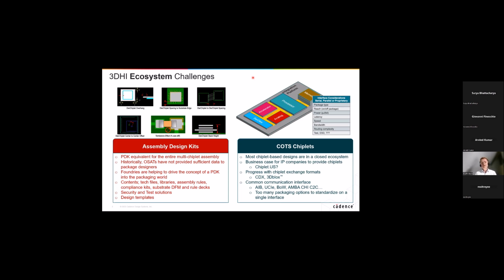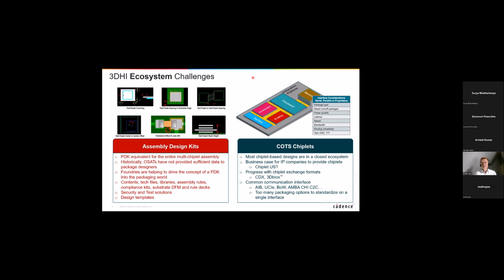The foundry technologies now help to come up with this ecosystem, which the OSATs weren't eager to provide. It means you need to have the technologies, the design rules, the technology files, the libraries, the assembly rules.